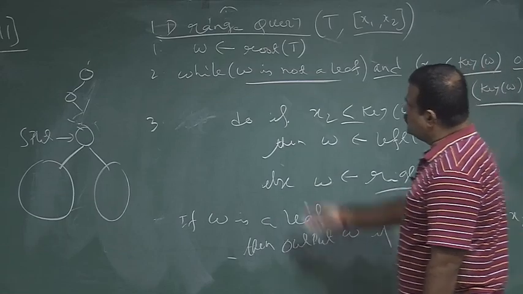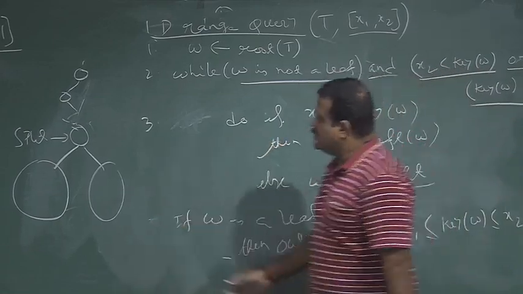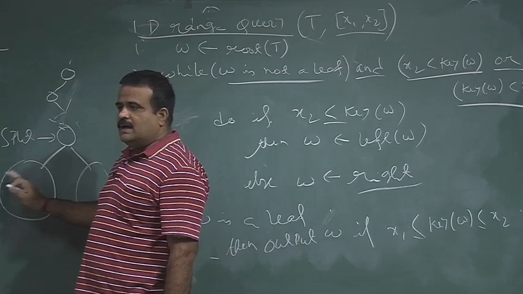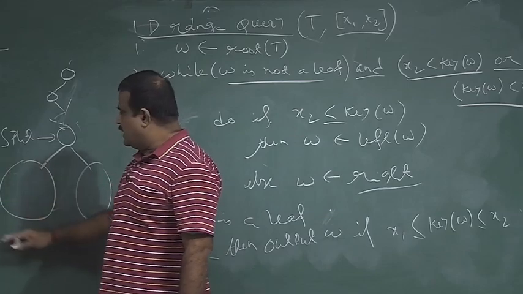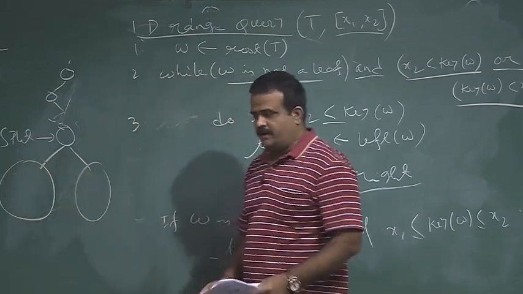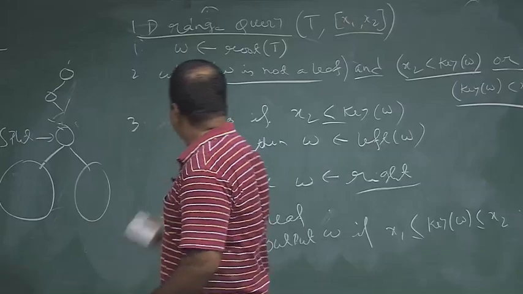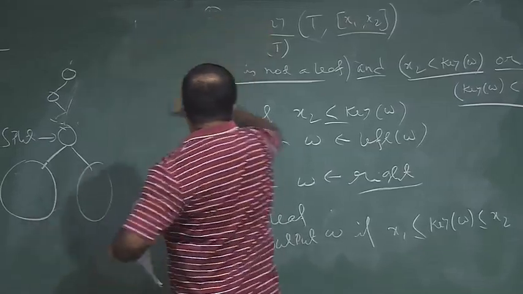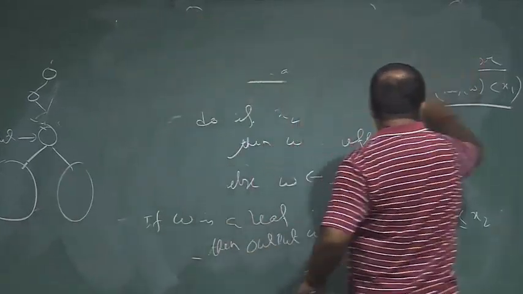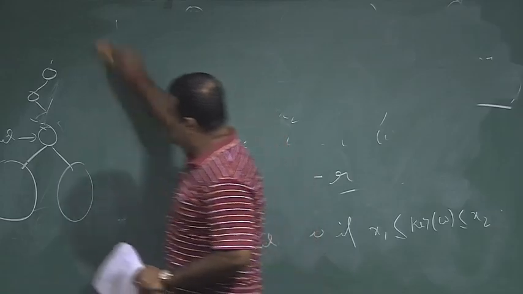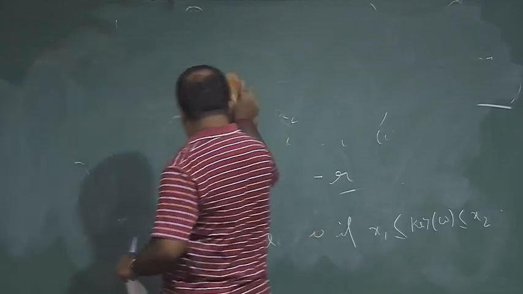Otherwise, w is a split node. Then we have to get the points: we have to go to the left part and also to the right part. First we will check the left traversal, and the right traversal will be similar. So let us try to write the left traversal.